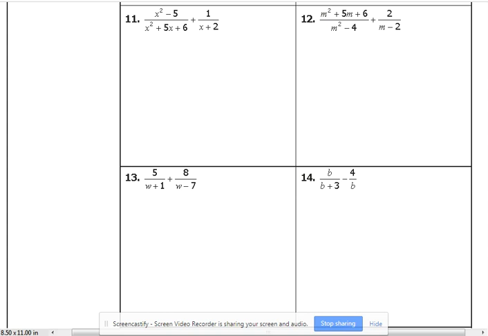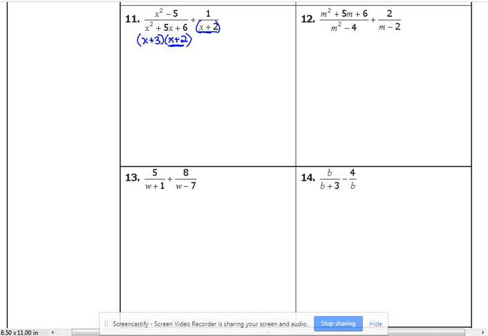Okay, number 11. First denominator, factorable? Yes. X plus 3, x plus 2. The majority of the time the denominators are going to have something in common. So if you're looking at it and wondering if it's factorable, wonder real hard because chances are it is.